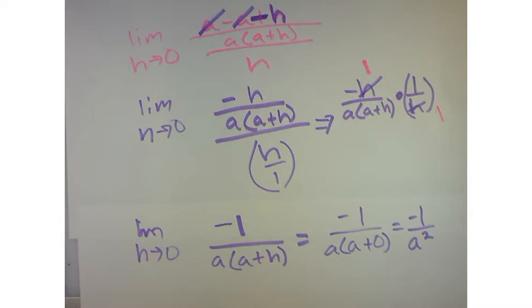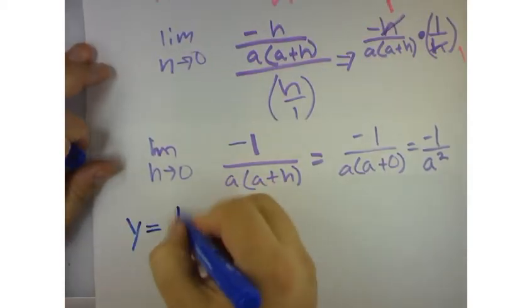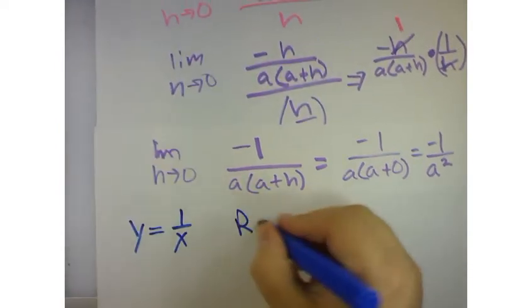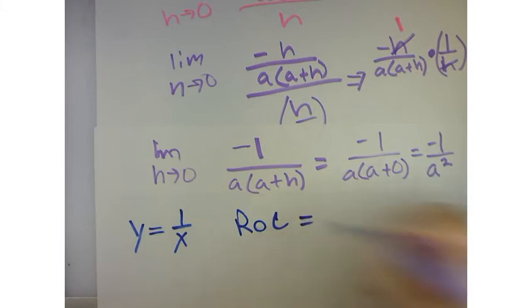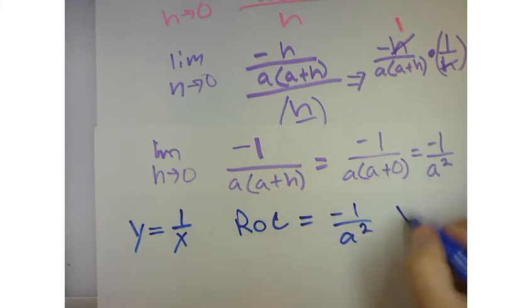So now the second portion, so what does this mean? That means, let's recap a little bit because we wrote a lot of stuff down. That means that if I'm talking about y equals 1 over x, that the rate of change will always equal negative 1 over a squared, where we set x equal to a.